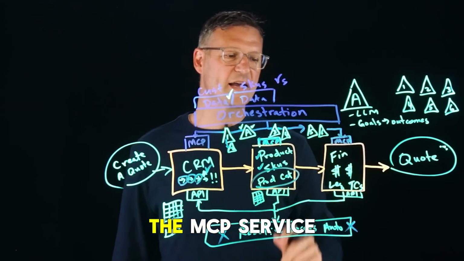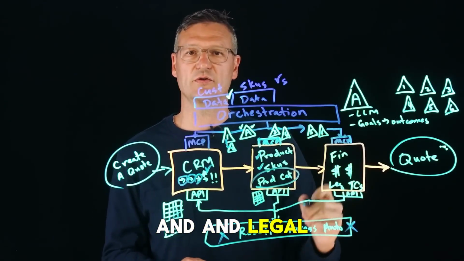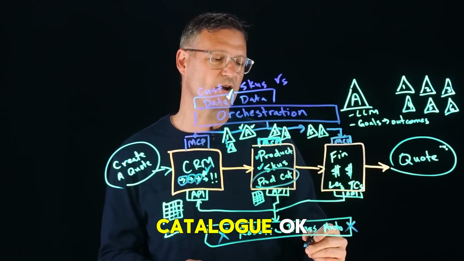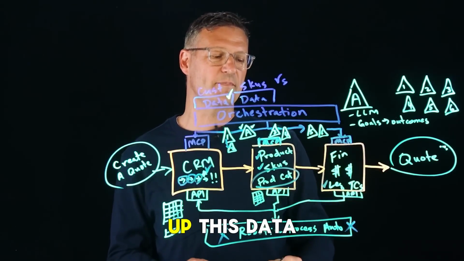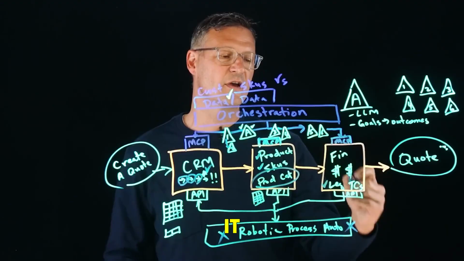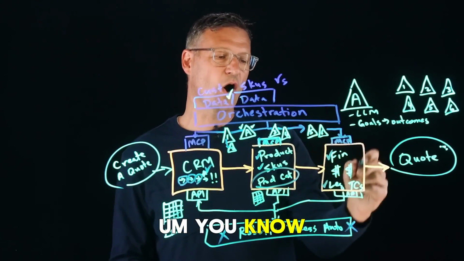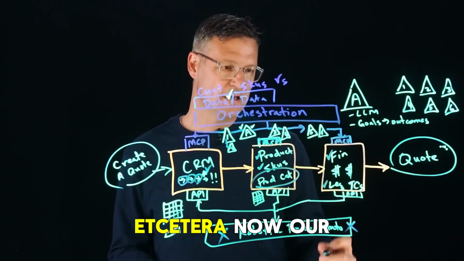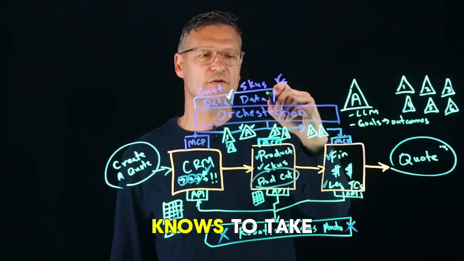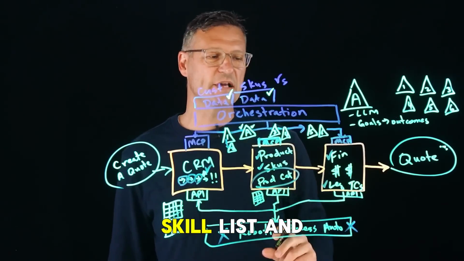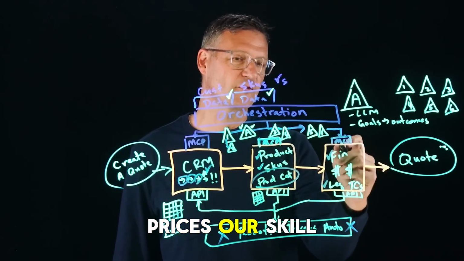Again, we dive into the MCP service, into our financial and legal terms and conditions catalog. Our legal department has already set up this data source for us and has vetted it, and our financial teams have already vetted our pricing, etc. Now, our first agent 5 may come in and take our SKU list and price it.